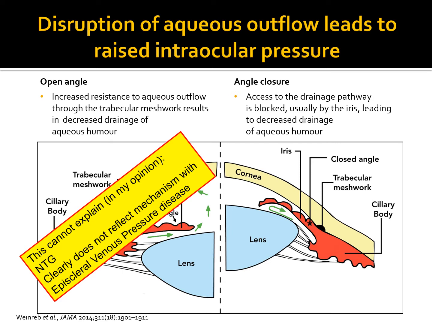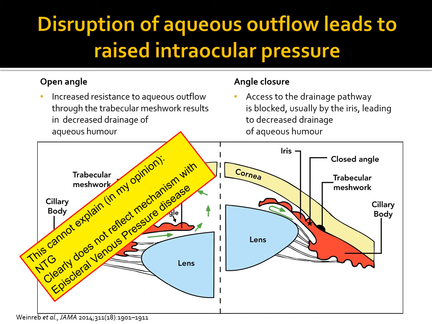So it makes you think that perhaps there's a different mechanism to the pathology of normal tension glaucoma. And of course, we all sort of know that. There's this whole vascular thing at the back of the eye going on, which we'll get onto later. So it suggests to me that in the future, those two things could well be separated out, that it might be a different pathological process, therefore requires possibly a different classification.